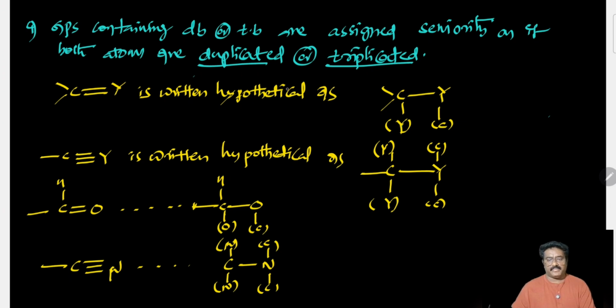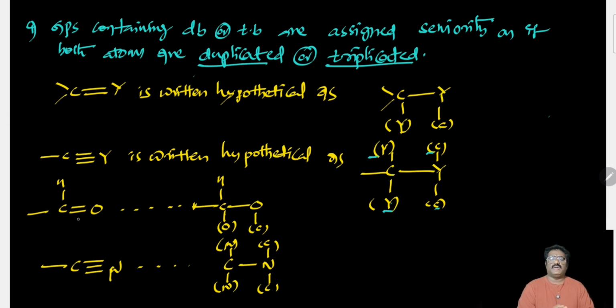So it can be written as carbon double bonded with Y, and Y double bonded with carbon. And carbon triple bond Y is treated, written hypothetically, as carbon with Y and carbon with Y, carbon with C and carbon with C and carbon with Y.